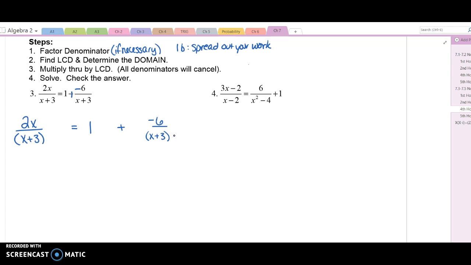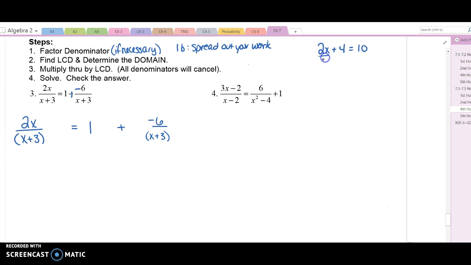Okay, to get rid of these fractions, we are going to multiply every single term by the same thing. When you have an equation like 2x plus 4 equals 10, if I were to divide, could you divide each of those terms by 2?